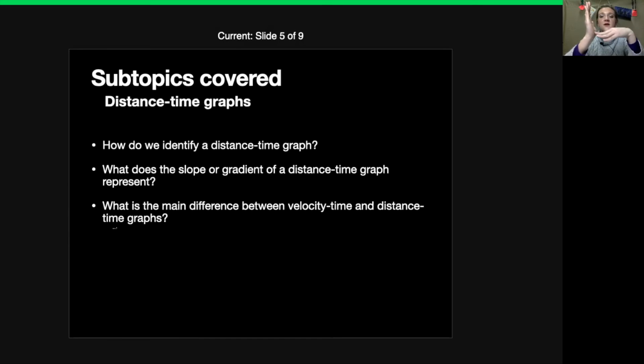And on the other side, if you have distance time graphs, then the space in between will represent the velocity of the object. So therefore, the velocity time is the amount of distance that is traveled over a period of time. So this will tell you whether the velocity is constant, whether there is acceleration or deceleration. So that is why distance is important for this graph.